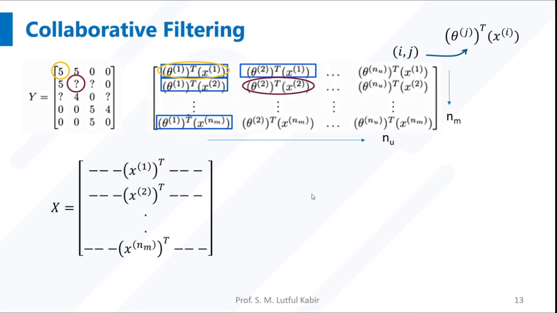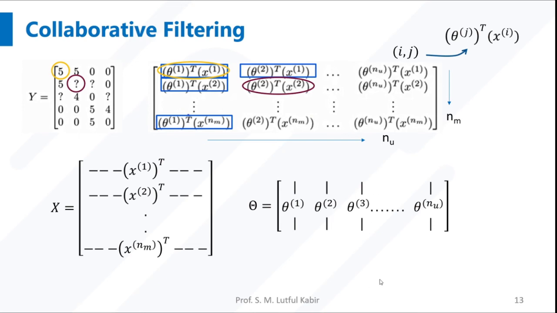Similarly, the theta matrix is placed as columns, theta 1, theta 2, theta 3, without any transpose. If you multiply these two matrices, x multiplied by theta, that is this total matrix. In mathematical language, it is called low rank matrix factorization. This matrix multiplication gives you the element-wise values of the Y matrix, where the unknowns can easily be obtained.